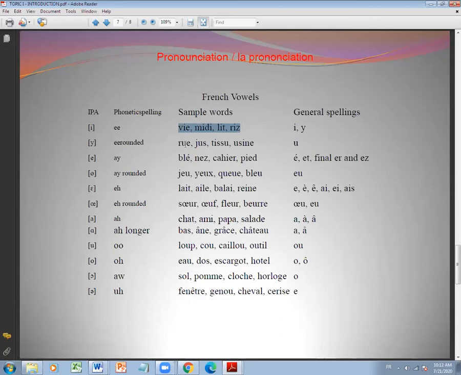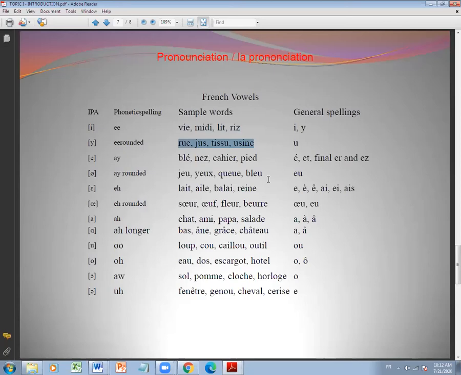Now the next part. What have I highlighted? Remember letter U. Rue. Very good. La rue. Next. Next is jus. Good. That is juice. La rue is the street.